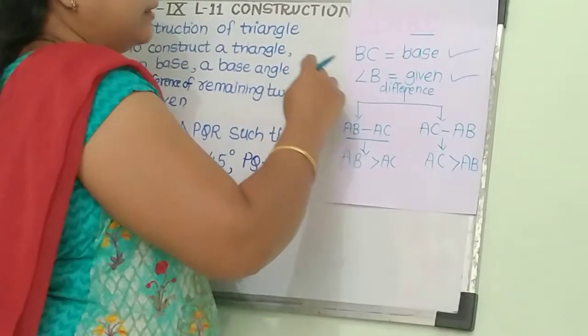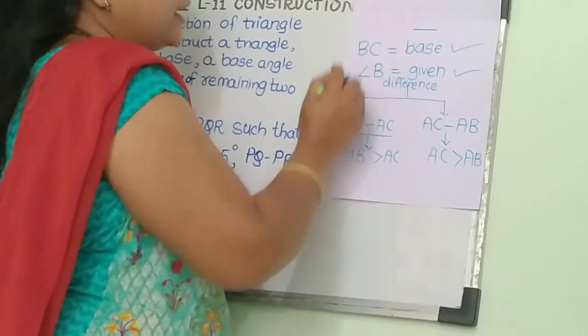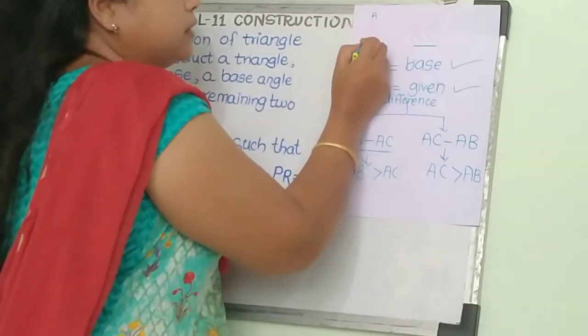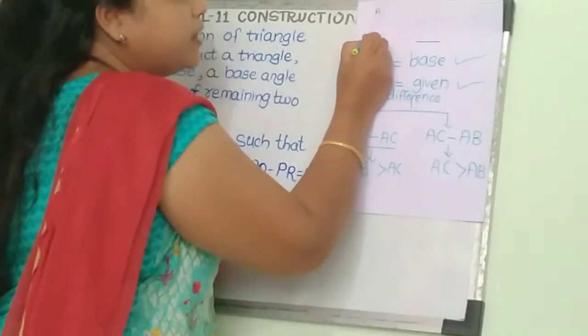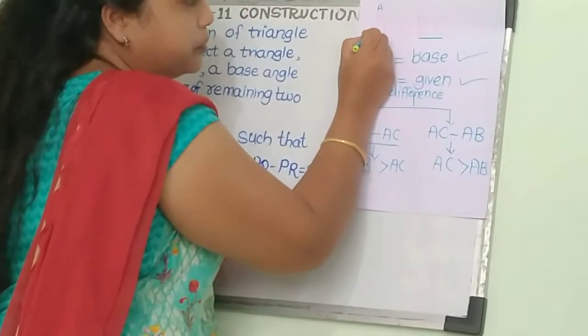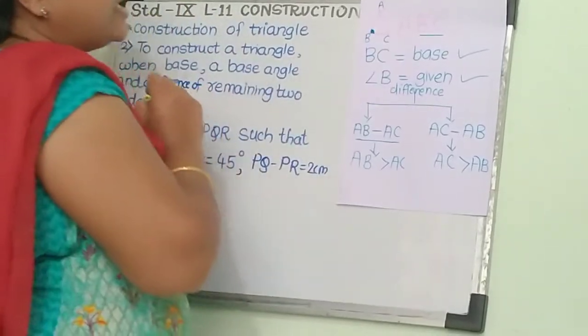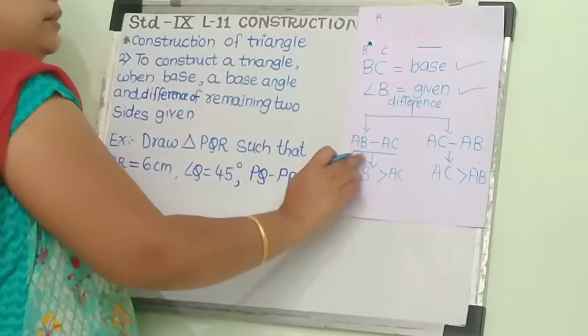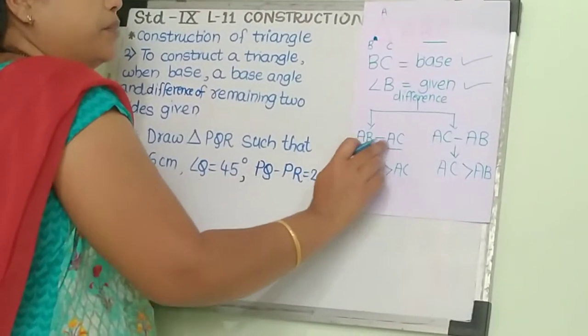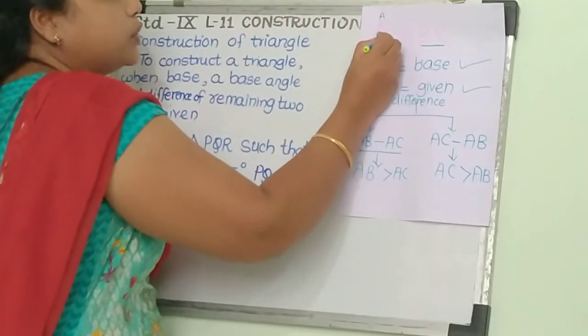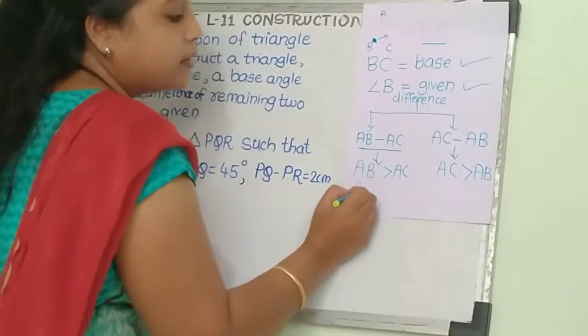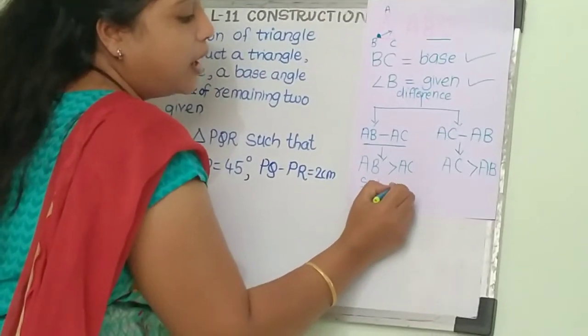First, suppose I took triangle ABC. Now I have given the base angle, correct? Here we see the difference AB minus AC, but we check the side opposite to the given angle.